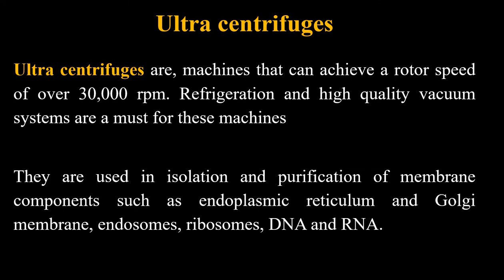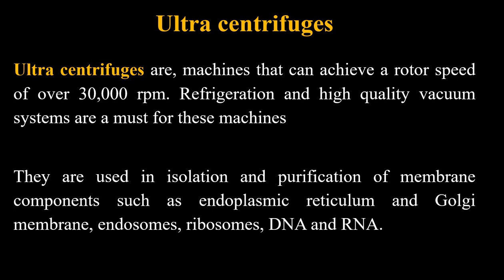Now we'll consider the next, that is ultra-centrifuges. Ultra-centrifuges are machines that achieve a rotor speed of over 30,000 RPM, even more than that. Minimum speed is 30,000 and above. Refrigeration and high quality vacuum systems are a must for these machines.